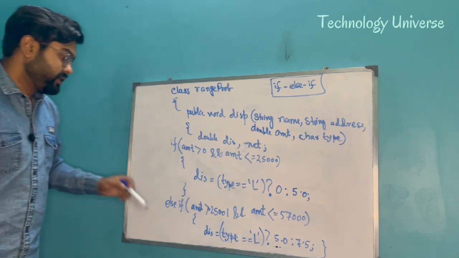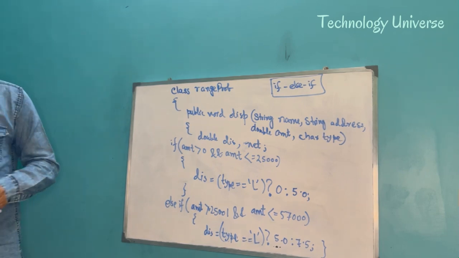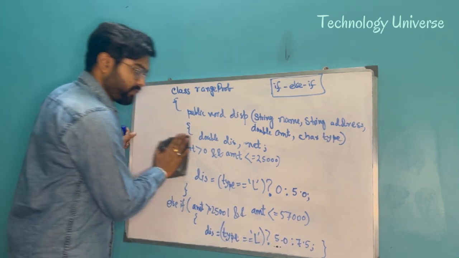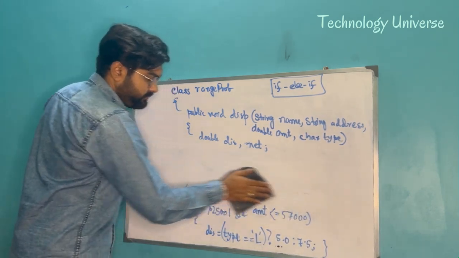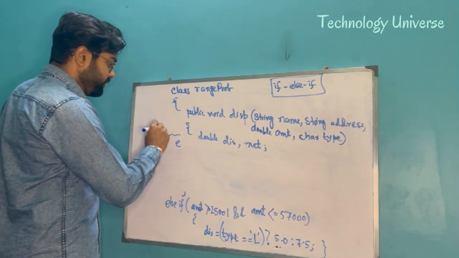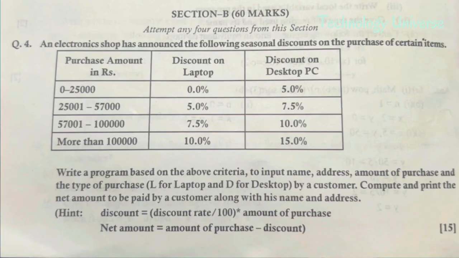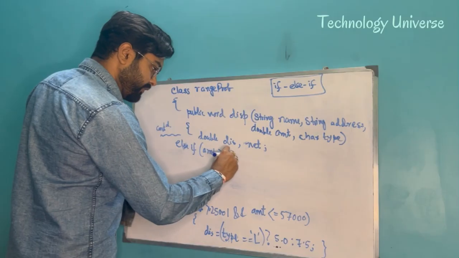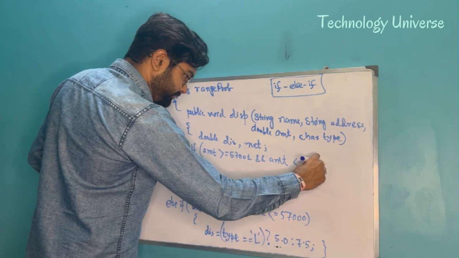Now the next one is the next else if statement, that is for 57,001 to 1 lakh. So I am erasing that. Now the next else if, here we are continuing with the previous one, is for when the amount is greater than or equal to 57,001 and smaller than or equal to 1 lakh.